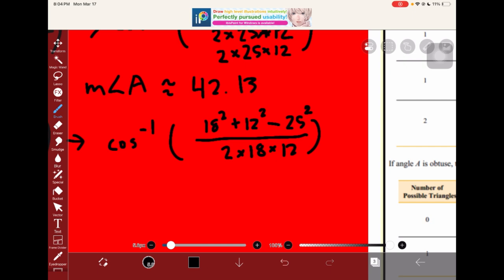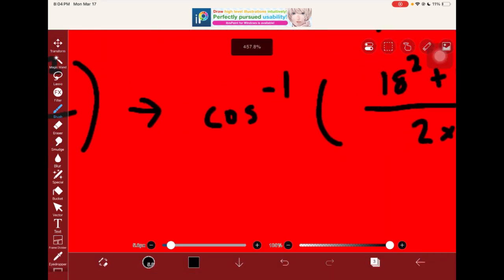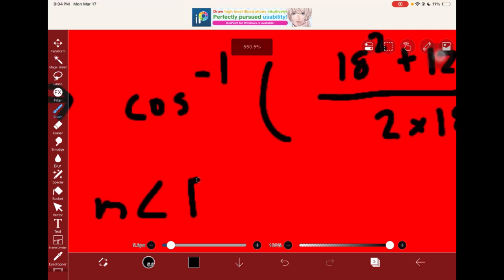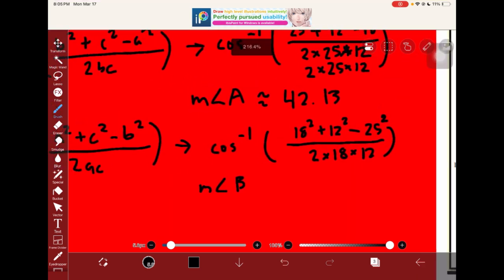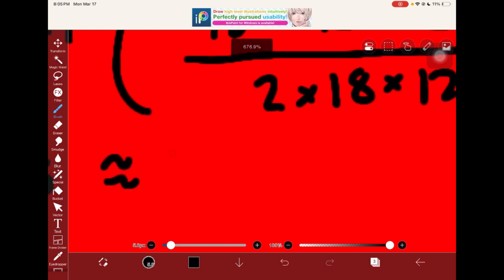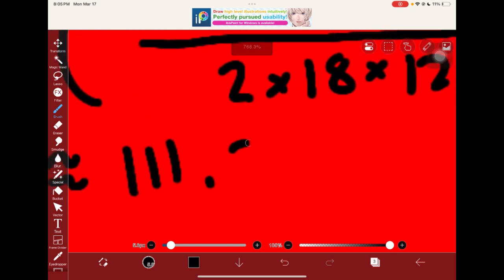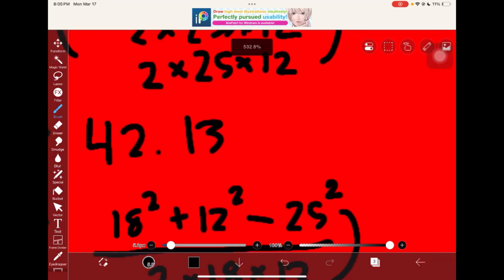Let's equal that, and angle B is about 111.31 degrees.